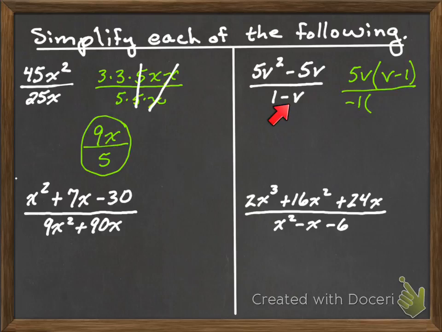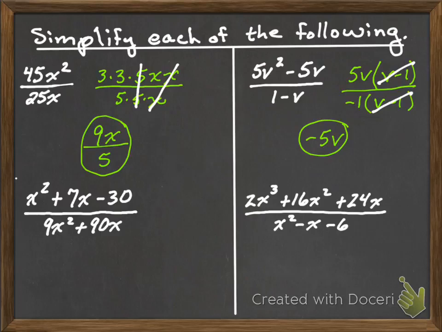Because if you factor a negative away from this, that becomes a positive v. And factor a negative out of this positive 1, it becomes a negative 1. Now your v minus 1s will cancel, leaving you with 5v over negative 1, which is negative 5v.